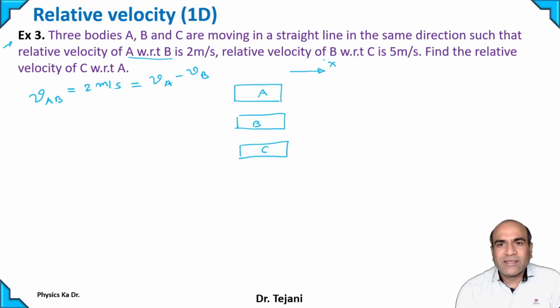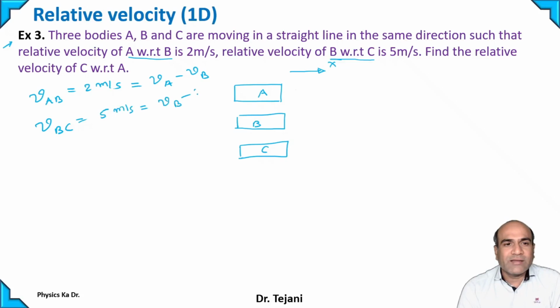And second is relative velocity of B with respect to C. So B letter should come first, C should come later, right? This shows reference, relation, and we are talking about velocity. It is equal to 5 meter per second. Can I say it is equal to VB minus VC? Yes, of course.